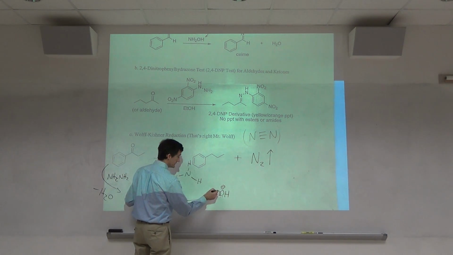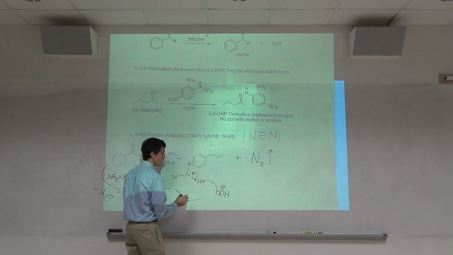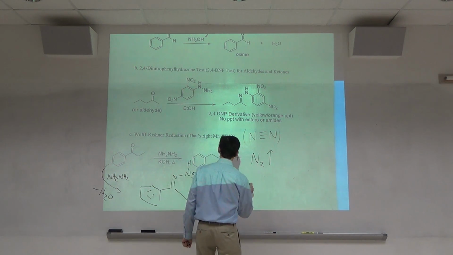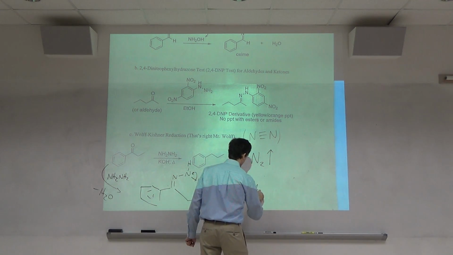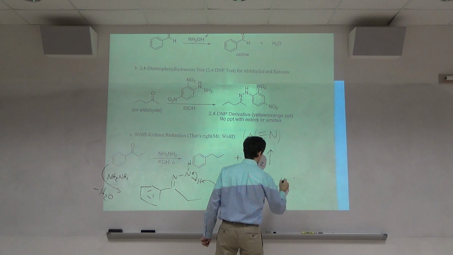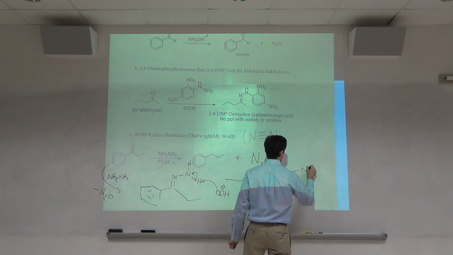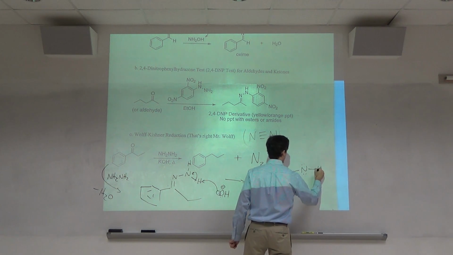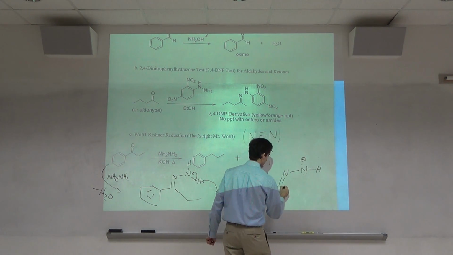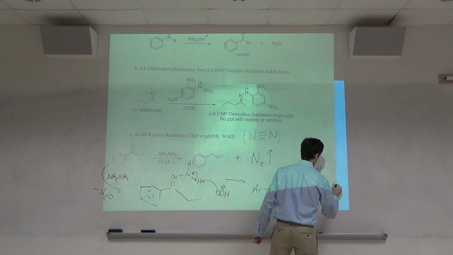First step is this just takes an H, leaves us behind. And we get, I'm just going to call this aryl, double bond N, there's one H left, that's a minus charge now, plus water.